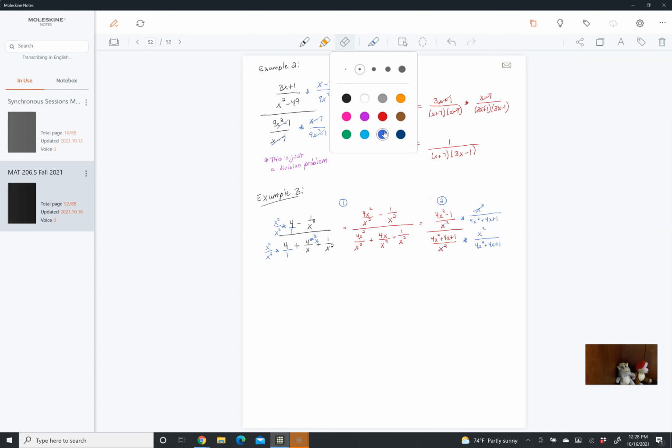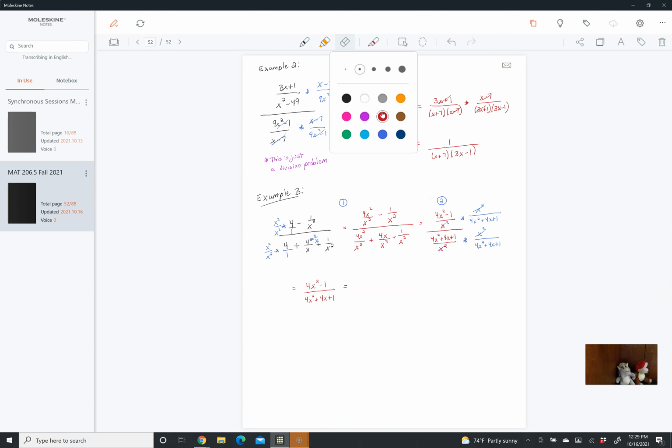The x squareds cancel. You could cancel them here, or you could cancel them afterwards. I just canceled them here. So what are we left with? 4x squared minus 1 over 4x squared plus 4x plus 1.